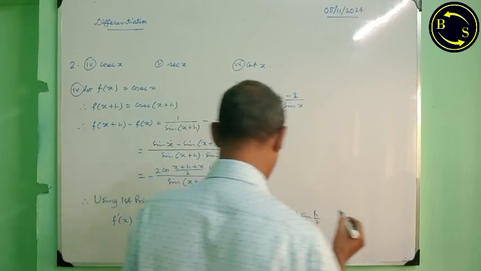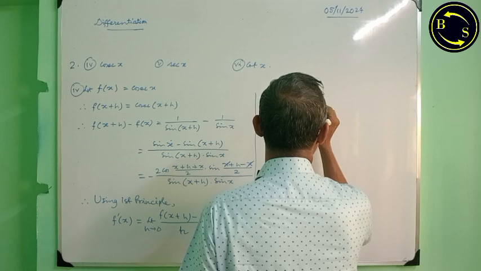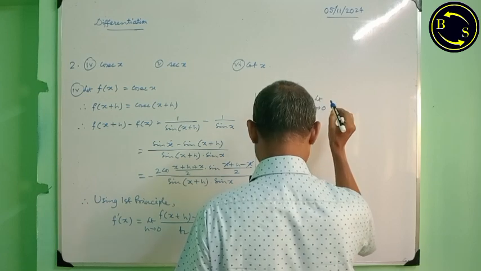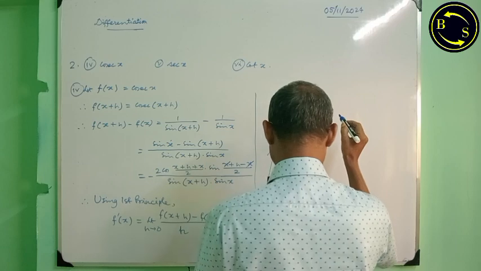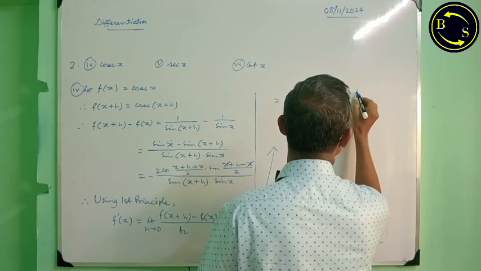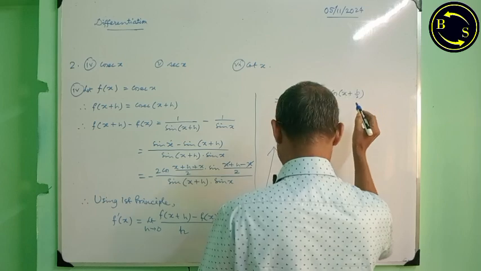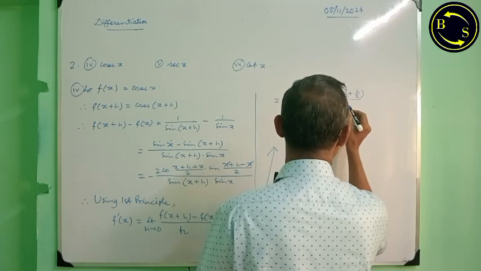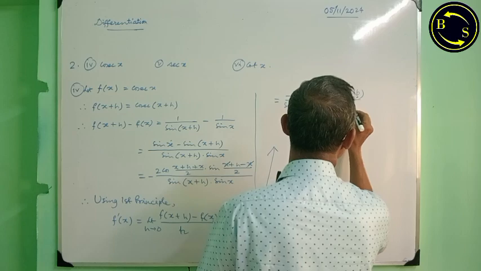This into limit h tends to 0, cos of (x plus h) by 2 by sine of x plus h.